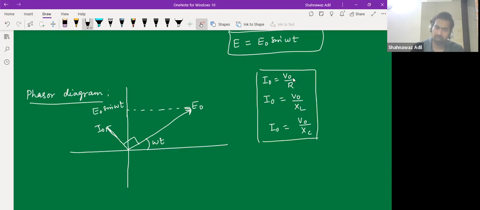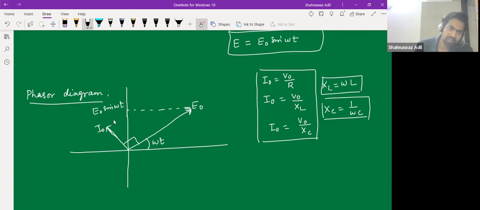These are the things which are very important, right? I can also write it as VR, VL, and VC. These are the things that we should remember. XL is omega L, and XC is 1 by omega C. Okay, so this is the I naught.